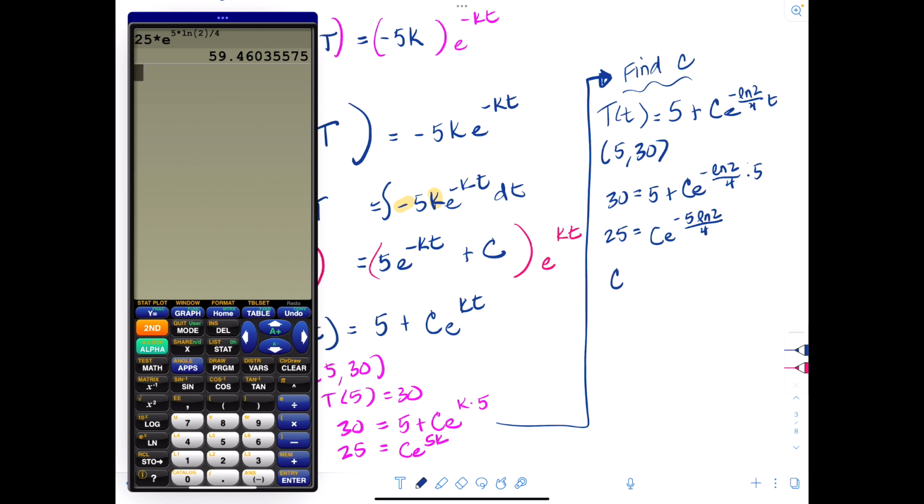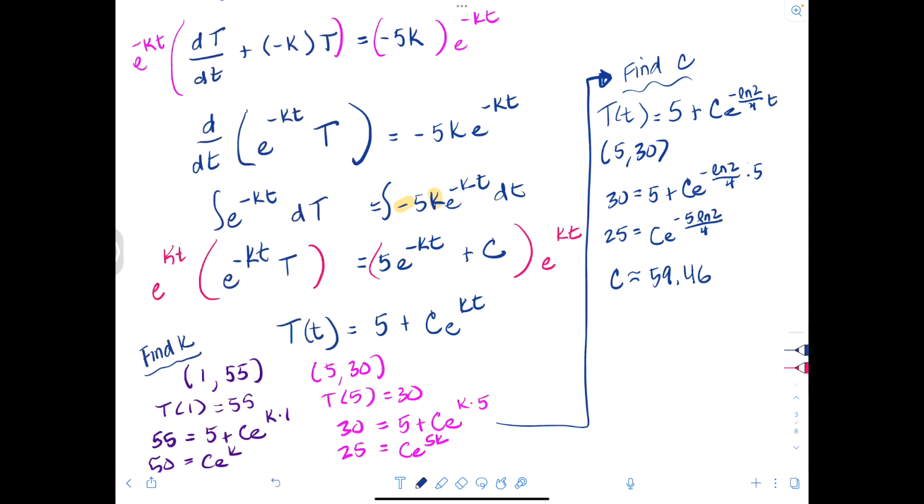So C is approximately 59.46. And if you were to round it earlier, you might have gotten 59.4611. This is fine. This is closer to the real value.